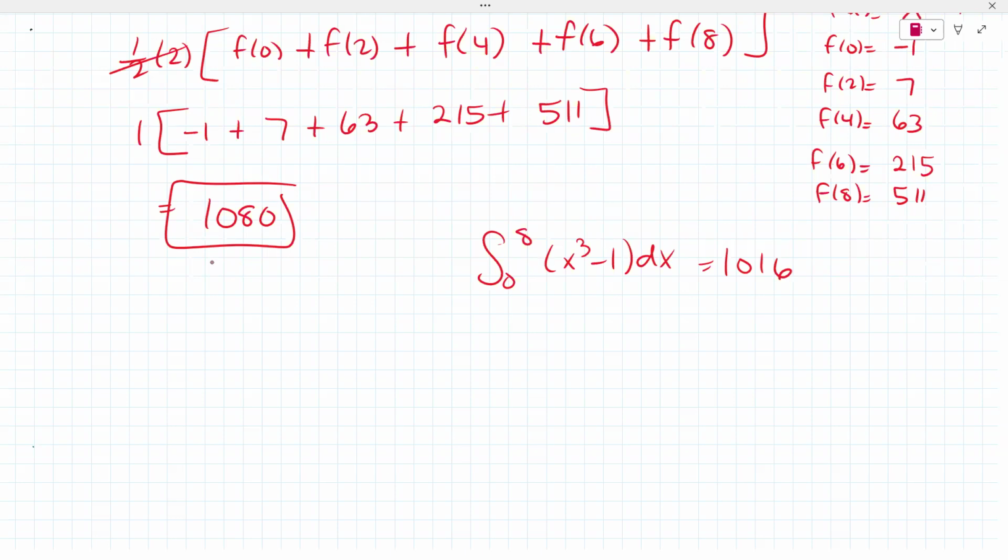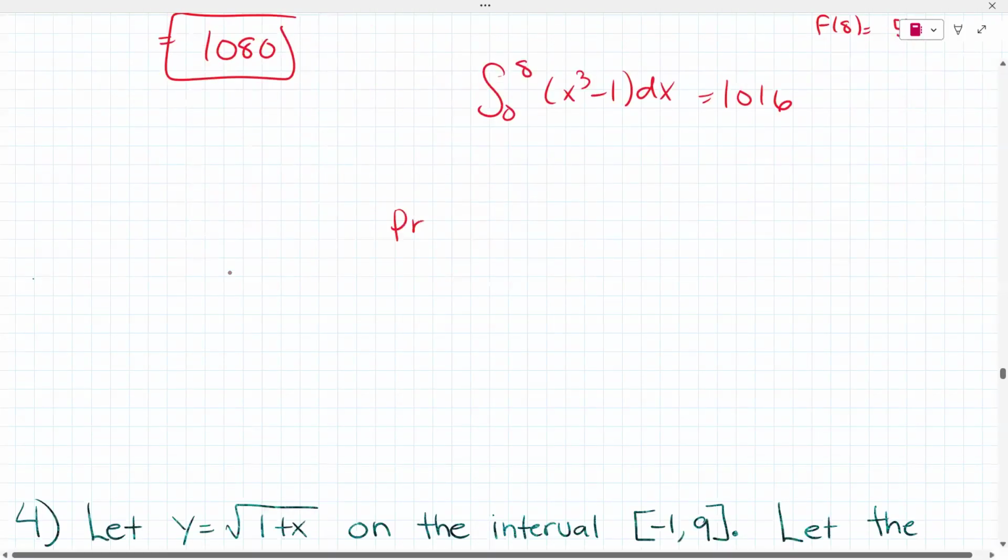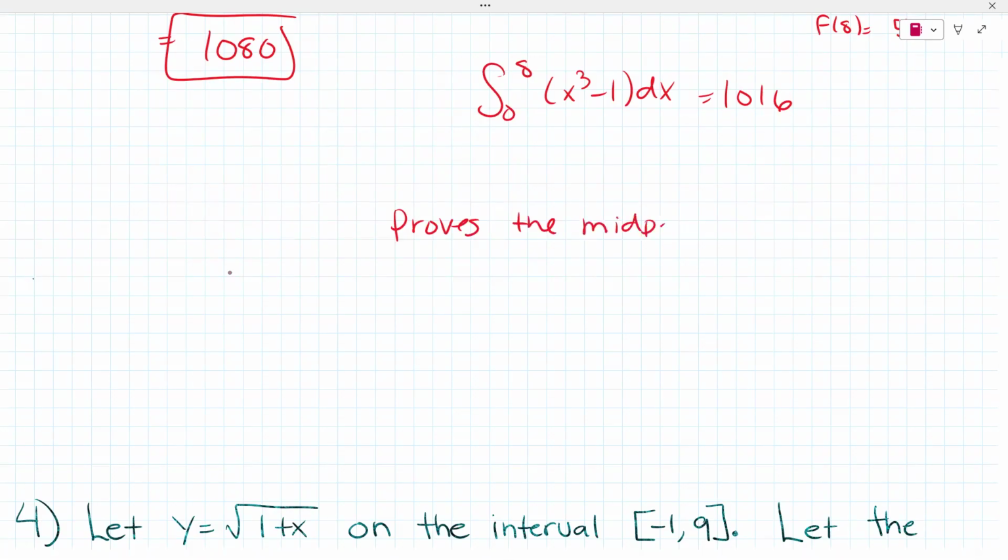So if you compare 1080 to 1016, that's pretty darn close, right? So it just proves that the midpoint and trapezoid is the most accurate.